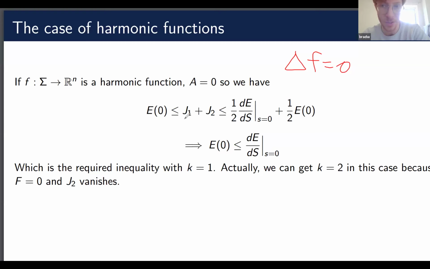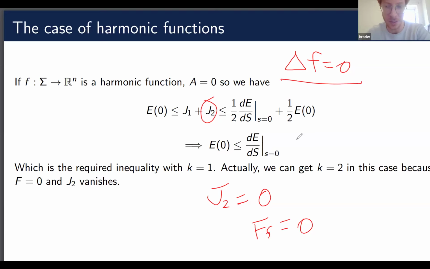So J1 plus J2, which we already bounded, and you get something like that. This gives you the inequality with k equals 1, but the analysis we did just then doesn't really matter for J2, because J2 equals 0 since Fs equals 0. And this is just because any function solving this will have 0 mean. Okay.